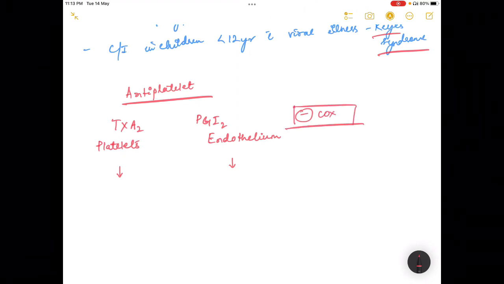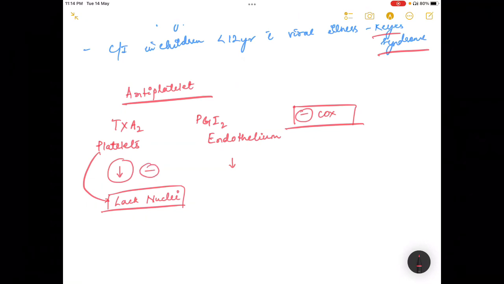Now this aspirin irreversibly inhibits the COX enzyme. The platelets lack nuclei, so they cannot produce new COX enzyme. So this thromboxane A2 remains inhibited, there is less of thromboxane A2, whereas the endothelium produces new COX enzyme.